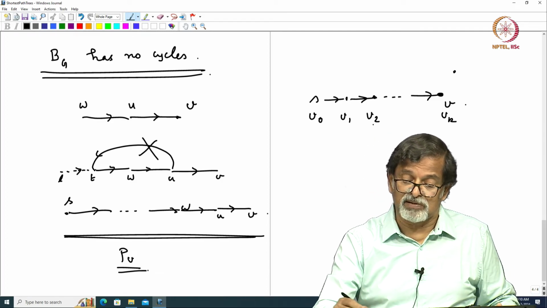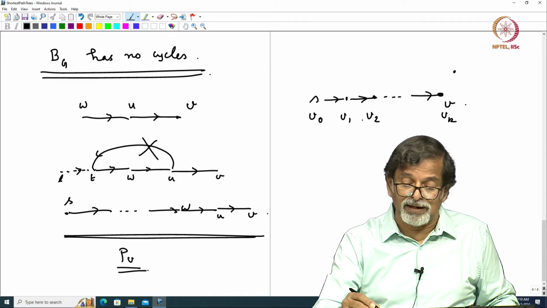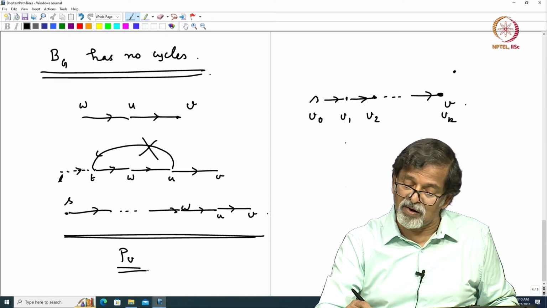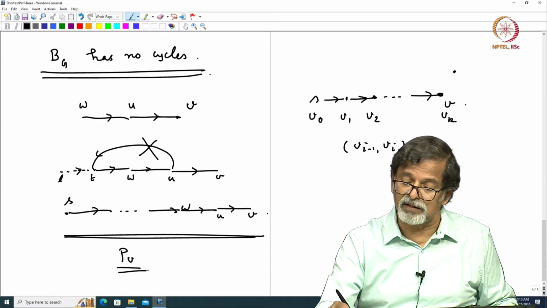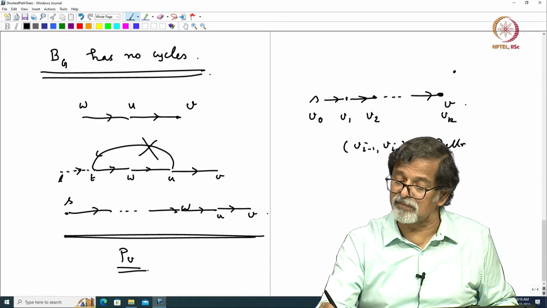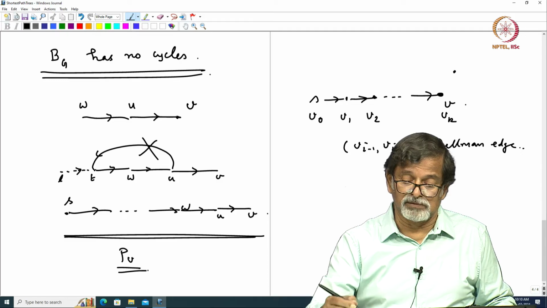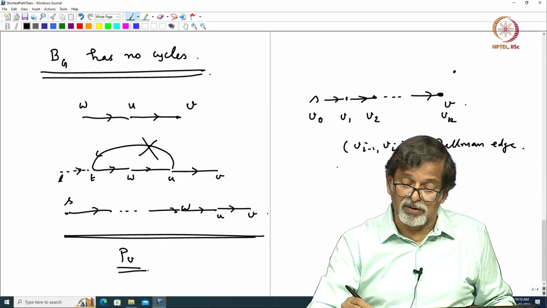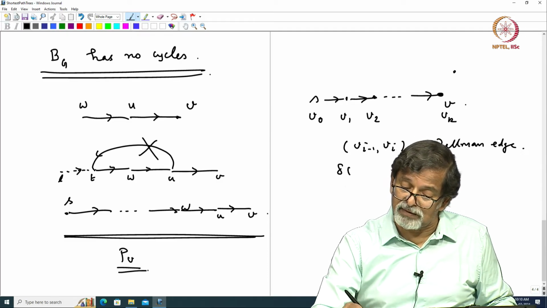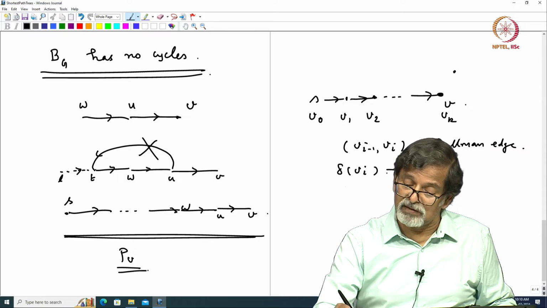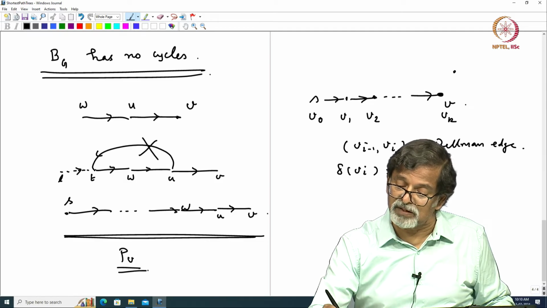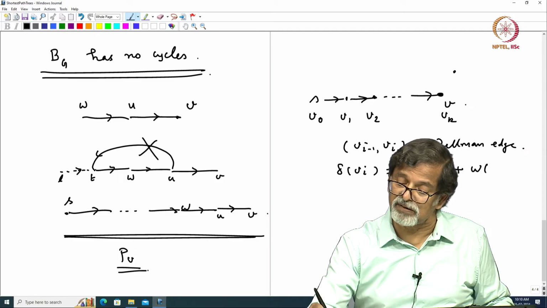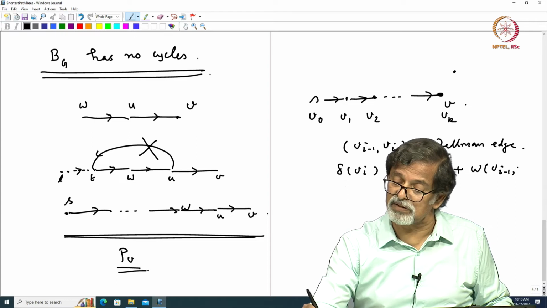Now Vi minus 1 Vi is a Bellman edge. Therefore, we have delta Vi is equal to delta Vi minus 1 plus weight of Vi minus 1 Vi.